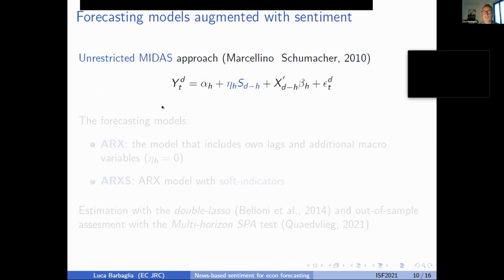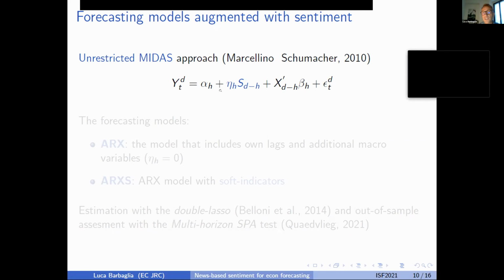We have, of course, mixed frequencies, and we deal with that by having an unrestricted models approach. So very simple. In this equation you have GDP as the dependent variable. This X is a big matrix containing lags of GDP or the additional regressors, also lagged, that I showed you before. And then we have this S variable, which is essentially a vector containing the soft indicators, surveys or news-based sentiments.